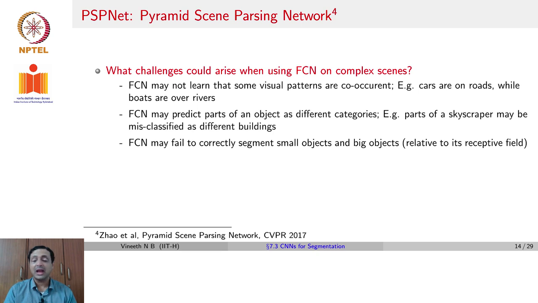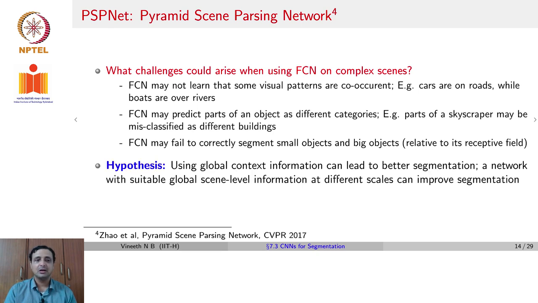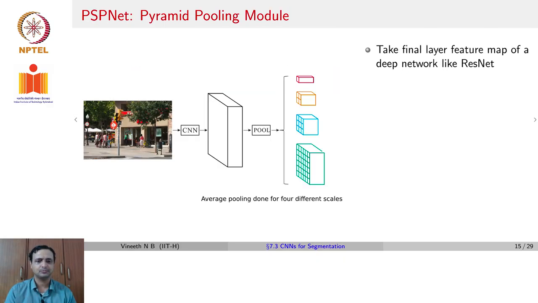So how can we address some of these constraints? PSPNet hypothesizes that one should use global context information to improve segmentation performance. So how do you get global context information? Segment at multiple scales. When you segment at a lower resolution, you're actually trying to bring more global information into the segmentation result.